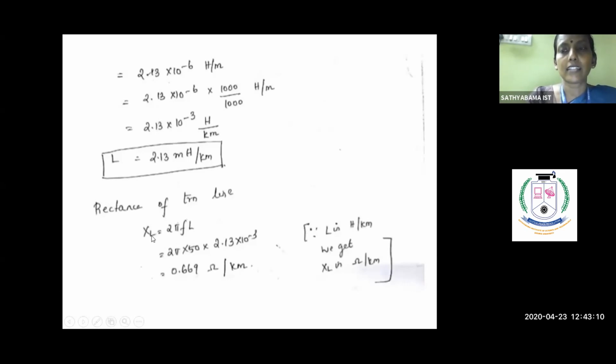So reactance XL is equal to 2 pi F into L. F is frequency. If it is not given in the problem, take it as the Indian standard frequency 50 Hertz. L we have calculated as 2.13 into 10 to the power minus 3. So substitute it, you will get the reactance, which is ohm per, since they have taken Henry per kilometer, this becomes ohms per kilometer.